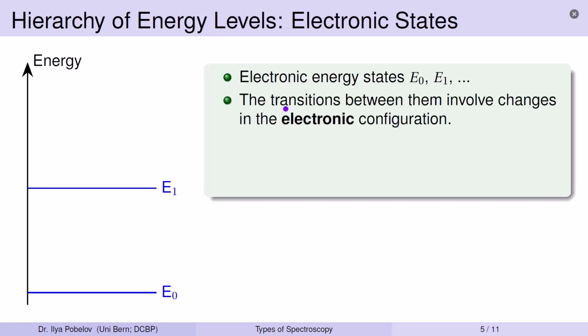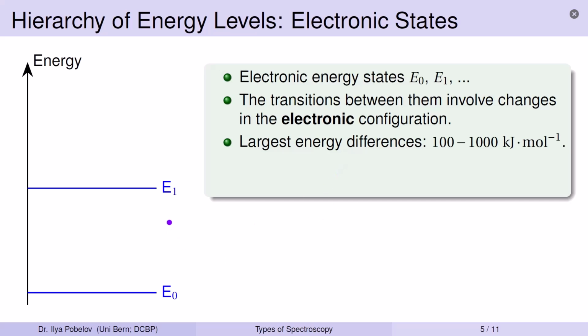The transitions between them involve changes in the electronic configuration of the molecule. They correspond to the largest energy differences. Specifically, the separation between electronic energy levels typically ranges from about 100 to 1000 kilojoule per mole.